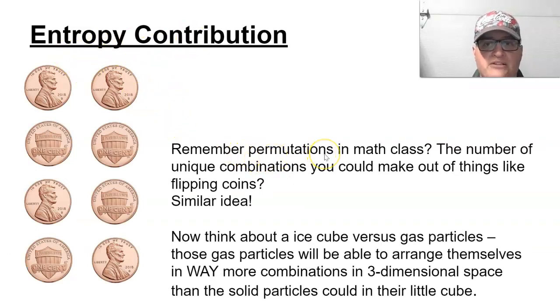You might remember permutations in math, number of unique combinations. You might think of flipping coins. Similar idea. Now think about an ice cube versus the gas particles. Those gas particles can arrange themselves in way more combinations in a 3D space than the solids could in their little cube. That's, again, gases are going to have more entropy than solids.